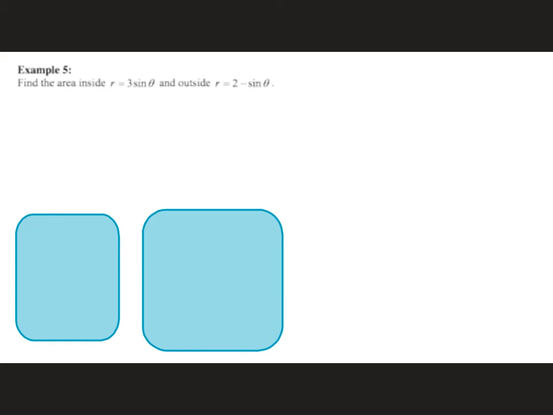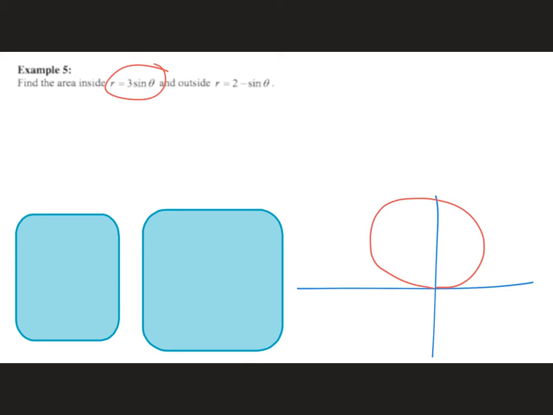Ooh, this one gets a little spicy. So inside r equals 3 sine theta, outside 2 minus sine theta. This one's a little bit trickier. If I look at the graph, the first piece, 3 sine theta, is going to look kind of like this.